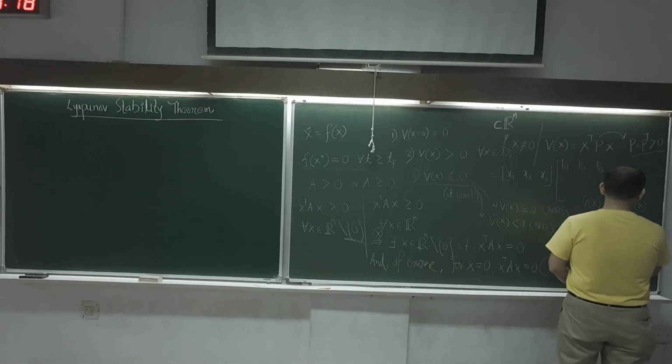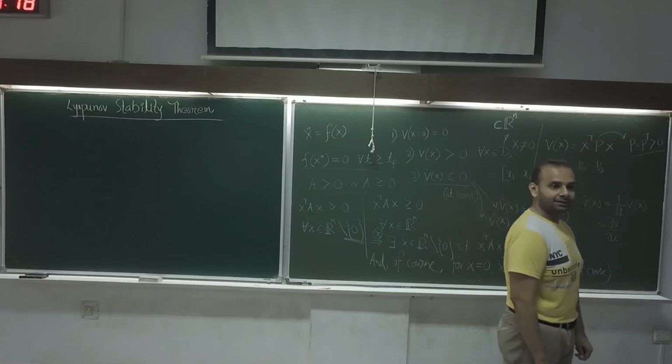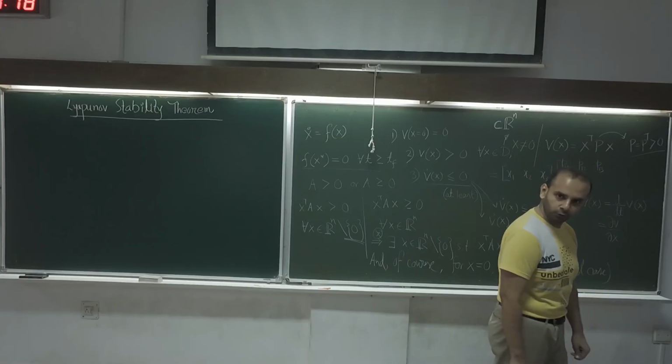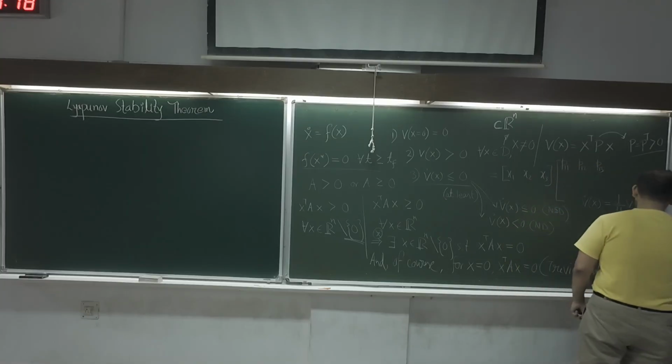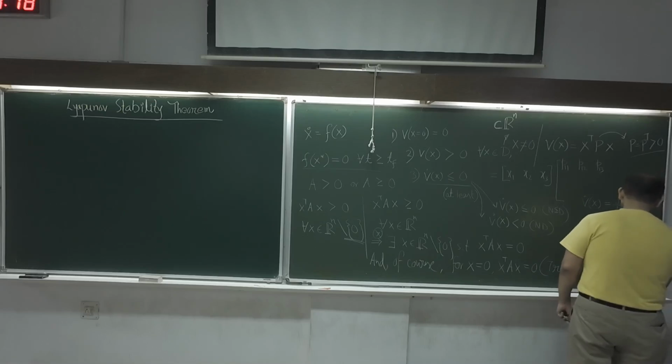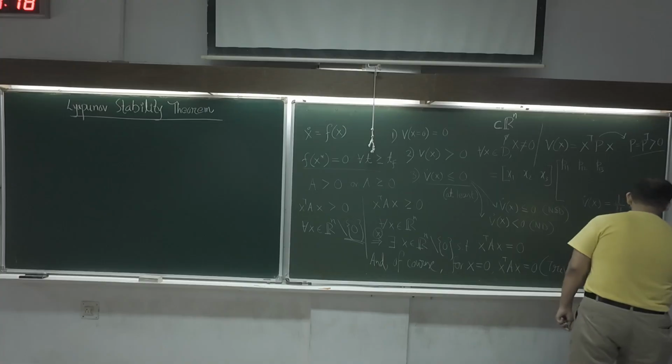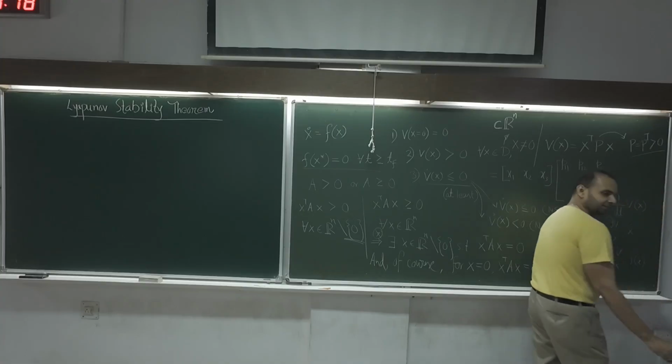So that's why first you have to make del V del x and then take the differentiation of x with respect to t. So del V del x into x dot, right? And so that is del V del x, and now instead of x dot you can write f of x.